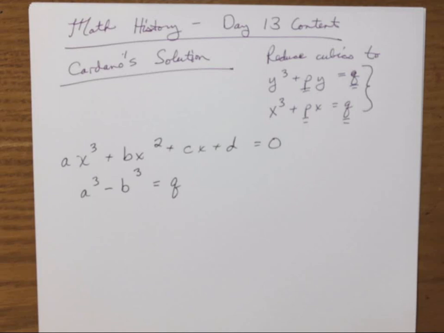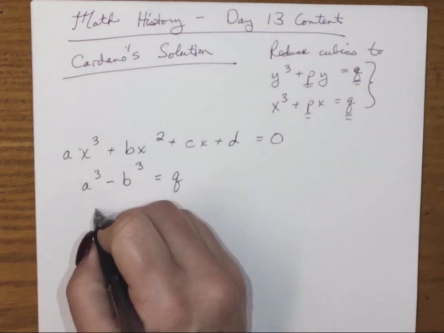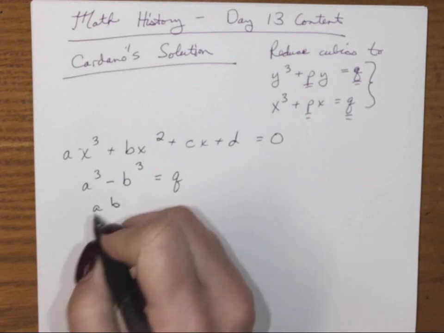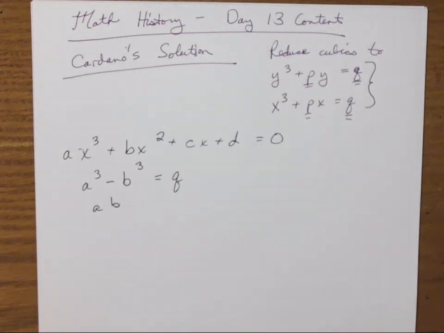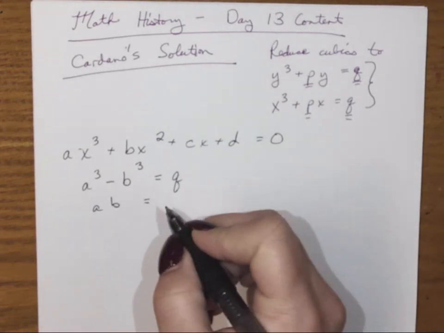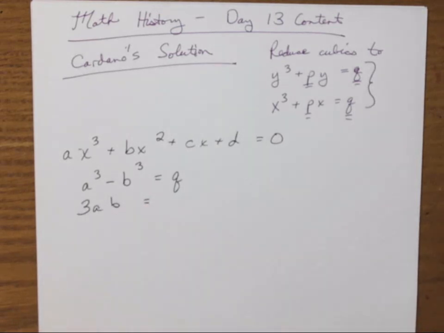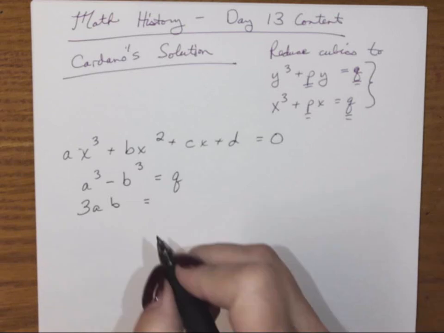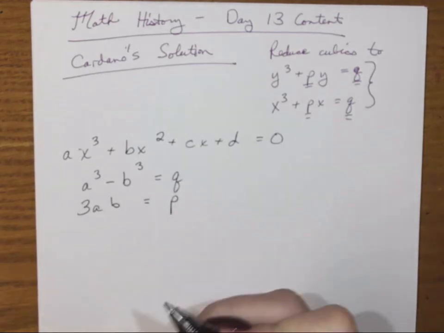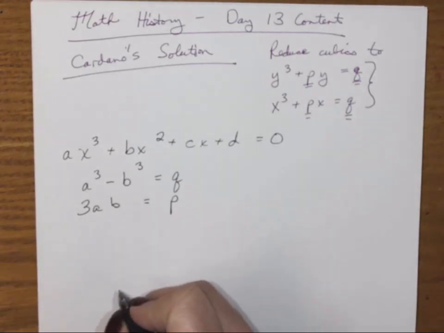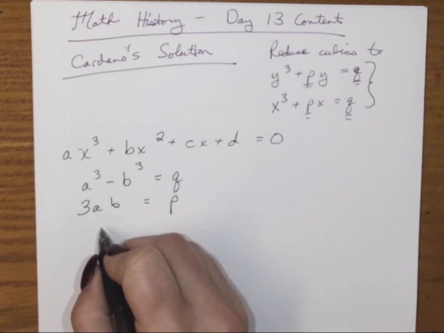And then he says, okay, I'd also like to say that AB, so A times B, is going to give me 3AB. I'll make it shorter in a minute. 3AB is going to give me my p value. It ends up that we don't really like it in this format because we want the A and the B by themselves.